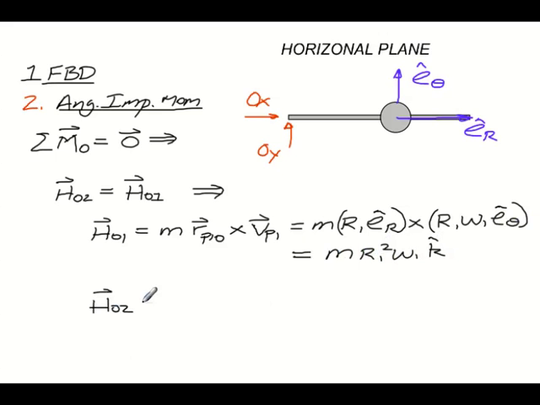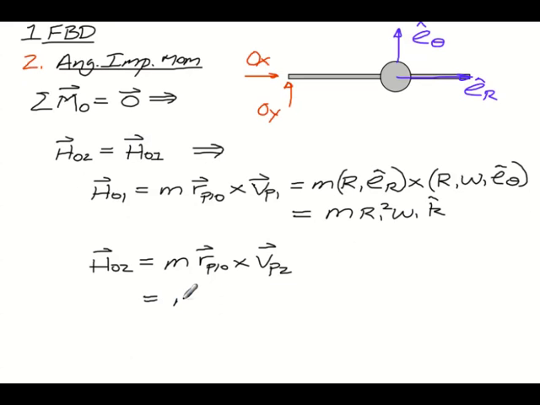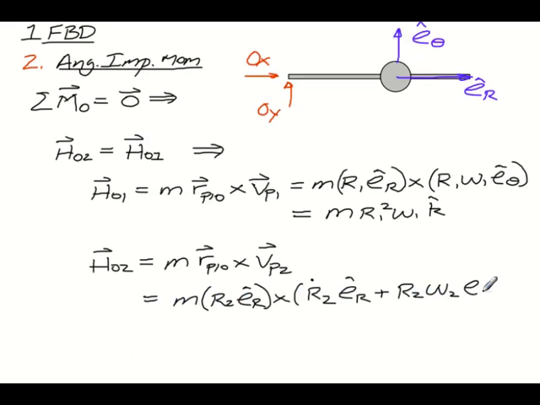At time 2, we write down the same expression, except this is evaluated at time 2. So it's still R cross MV. The R vector is just the new radial distance R2 in the ER direction. Now P, it says, moves out, so it's going to have a radial component R dot for velocity, as well as the R2 omega 2, like that.